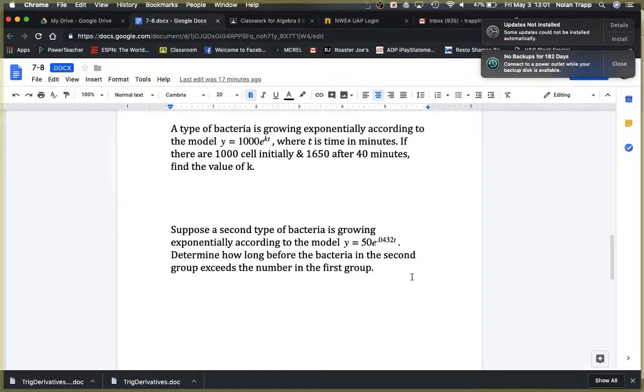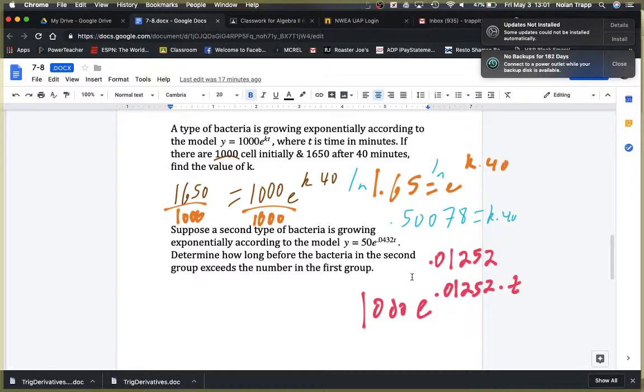Suppose a second type of bacteria is growing exponentially according to the model, blah, blah, blah. Determine how long. Oh, so I have this one up here. So I'm going to take this equation here. Copy it now. I'll clear that.